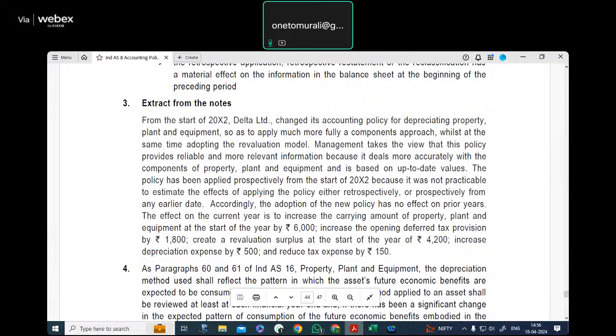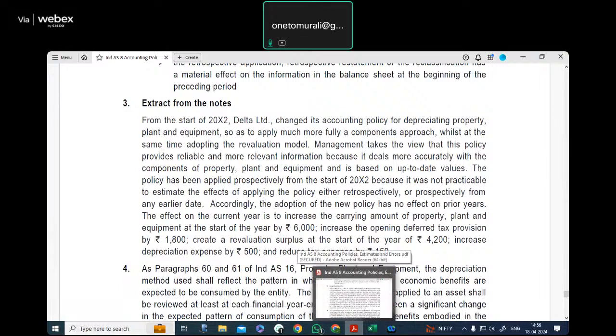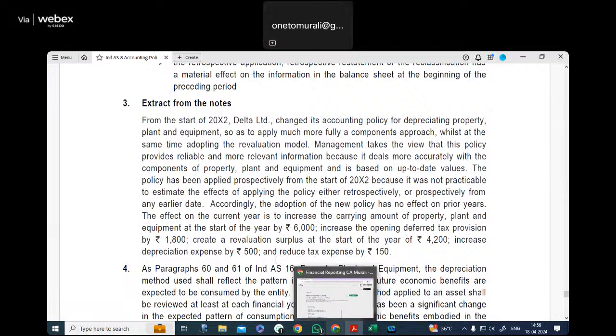So there are 3 components that you have, with different lives, and you call that one unit an aeroplane or an aircraft. So when you have these 3 components, you are expected to charge depreciation separately, taking into consideration the different useful life, different salvage value, and so on. So that is what we call the component approach. Now keep that in your mind when we are discussing or reading through.